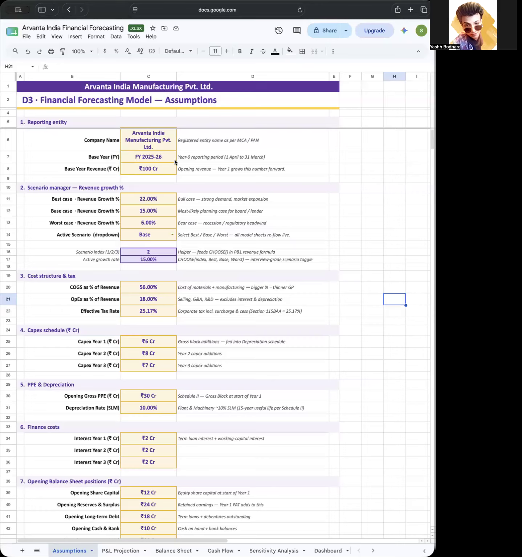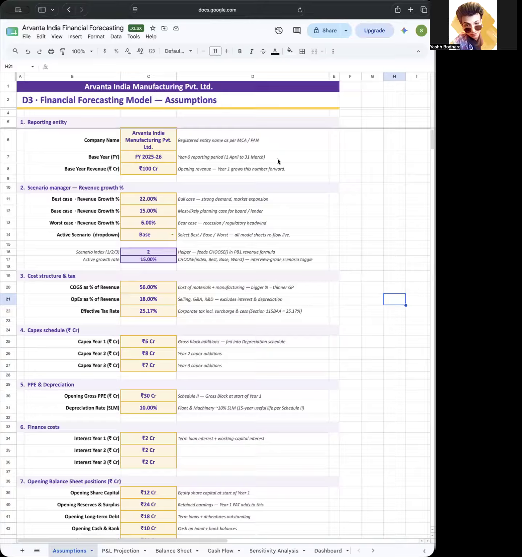For example, a manufacturing company normally has significant raw material cost, inventory, trade receivables, trade payables, plants and machineries, capital expenditure, depreciation, and working capital requirements. Now, these financial elements would be very different for a software or a consulting company. Therefore, the company business model determines the structure and assumptions used in the forecast.